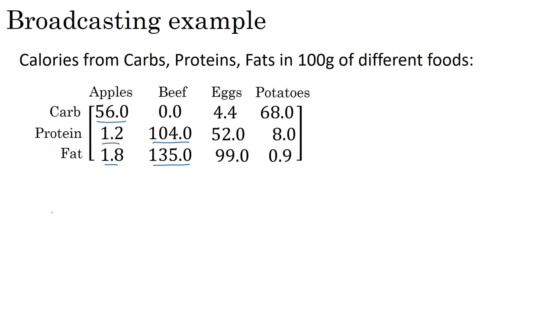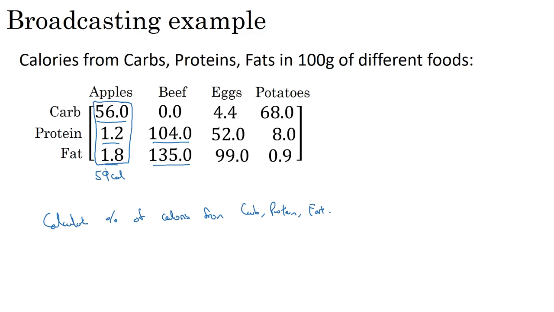Now, let's say your goal is to calculate the percentage of calories from carbs, proteins, and fats for each of the 4 foods. So for example, if you look at this column and add up the numbers in that column, you get that 100 grams of apple has 56 plus 1.2 plus 1.8. So that's 59 calories.